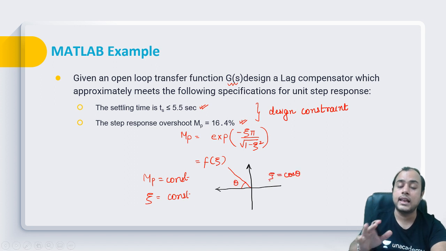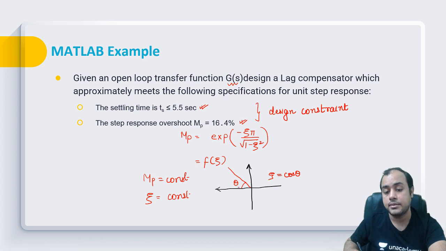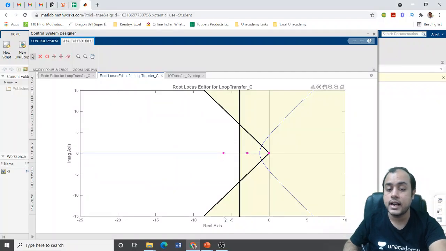So you will get a line inclined at an angle theta, and the mirror line is also possible because complex roots exist in conjugate pairs. So that is what we are getting in Matlab. This inclined line represents a constant value of zeta, or a constant value of overshoot.